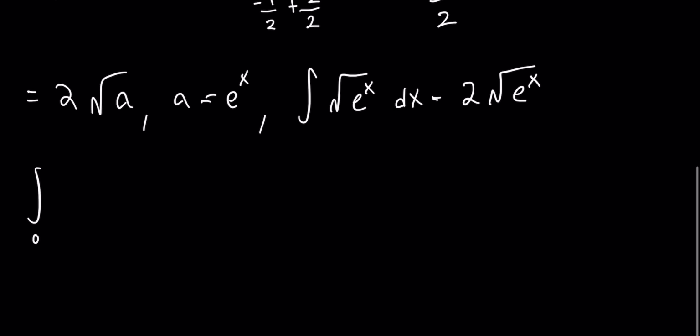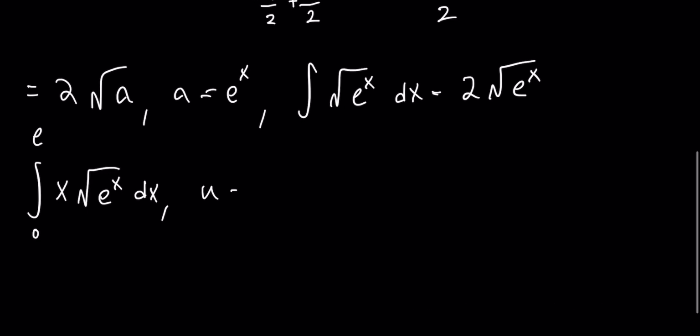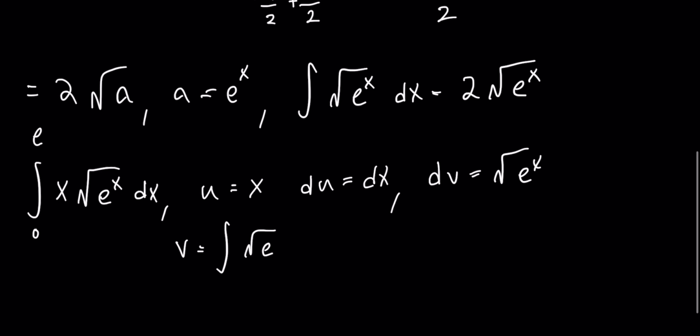So our original goal was the integral from 0 to e of x times the square root of e to the x dx. And we said that u equals x, so that du equals dx. And we set dv equal to the square root of e to the x, so that v equals the integral of the square root of e to the x dx. But we said this is going to be 2 times the square root of e to the x.